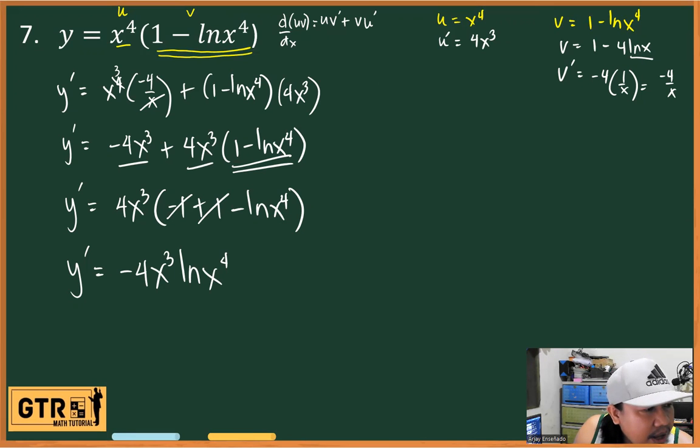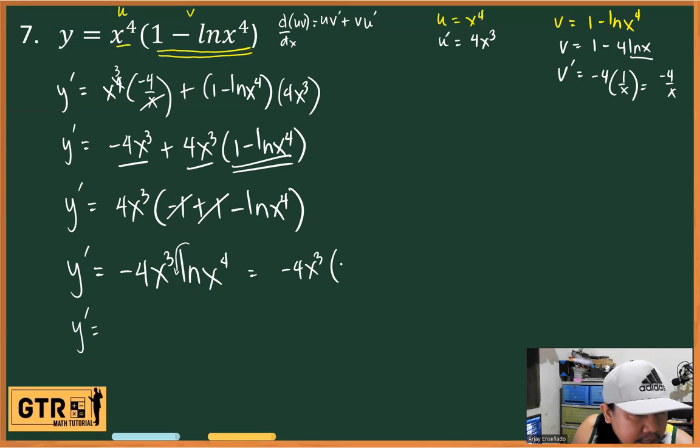Okay, negative ln x to the fourth, or we simplify ln x to the fourth, that is 1 minus 4 ln x. But in this, we forgot to bring down the 4. So if we put 4 here, the final answer is y prime is equal to, this can be written as negative 4x cubed times 4 ln x.